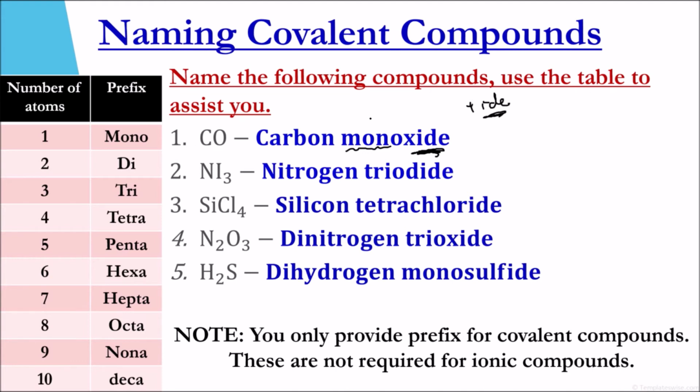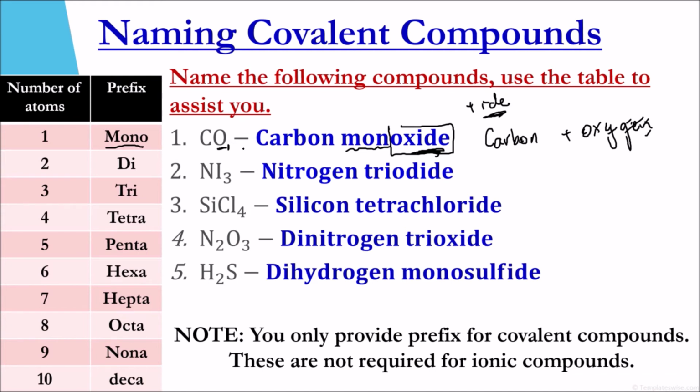So in the first example, we have carbon plus oxygen. So essentially we've gotten rid of the last 4 letters in this case and added IDE to give the name oxide. Now in this formula we only have one oxygen, hence why we give it the prefix monoxide.